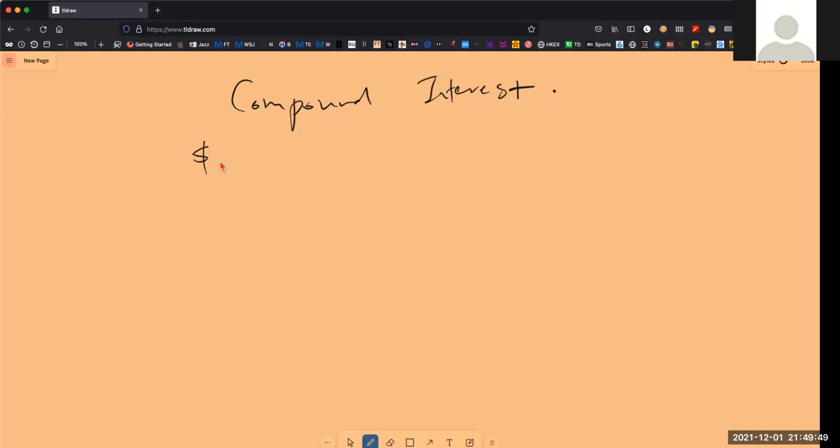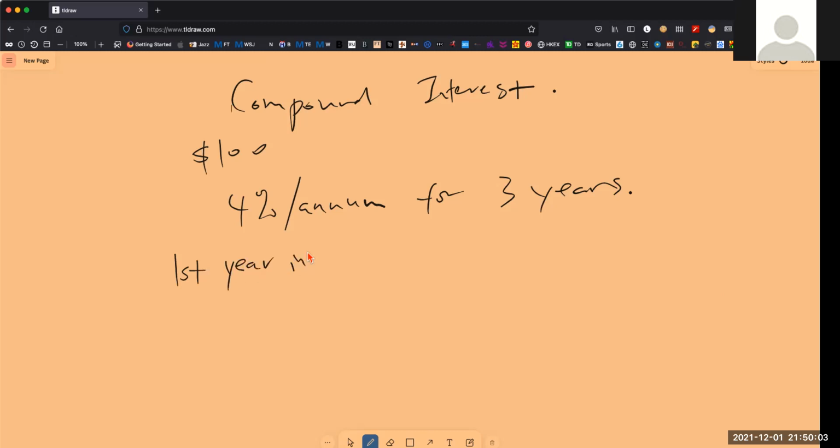Okay, same thing, $100, 4% per annum for 3 years. Later we are going to compare the difference. So once again, you write down first year interest. I'm not going to write all, just second year and then third year.